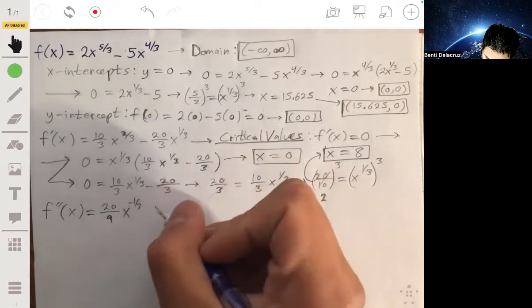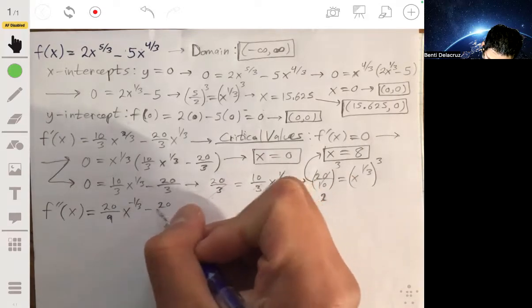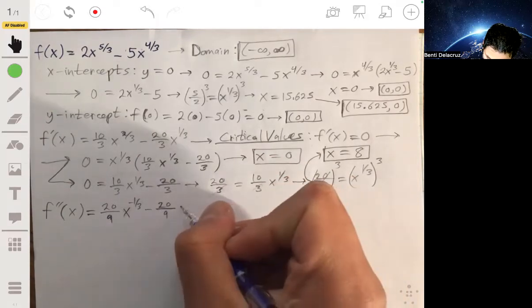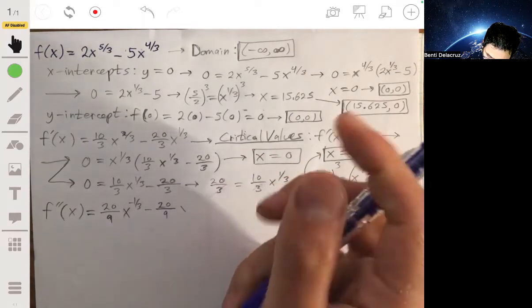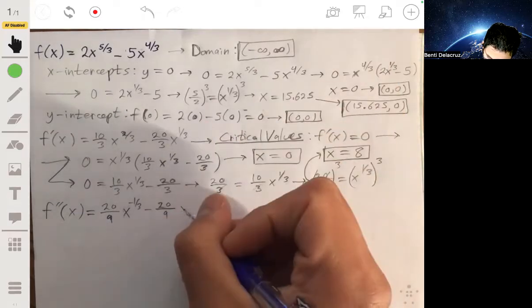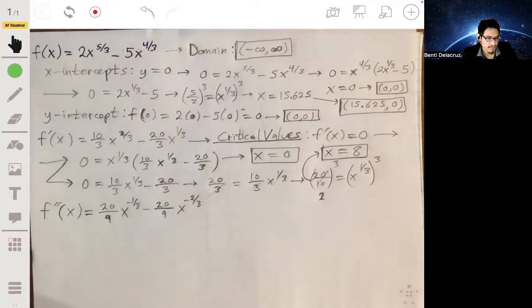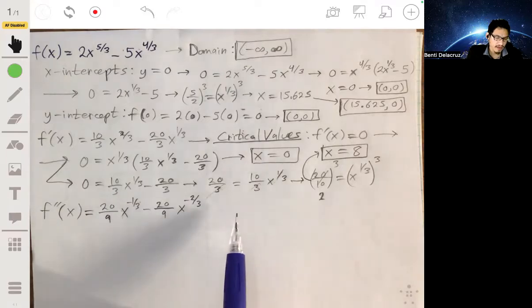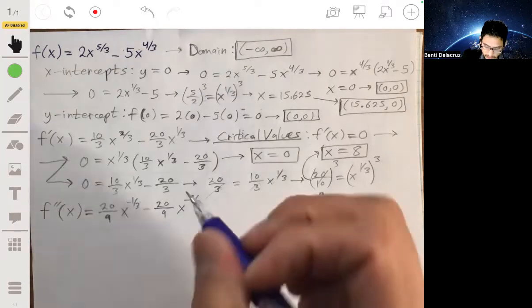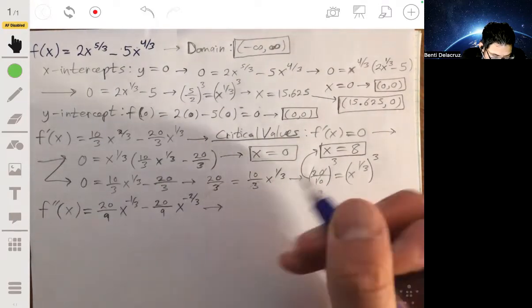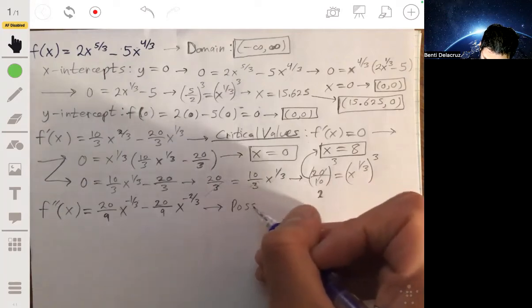One-third times 20, so minus 20 over 9. Wait a minute. Yeah, minus 20 over 9 x to the negative 2/3. And then we find where the possible inflection points are. So we want to find possible inflection points.